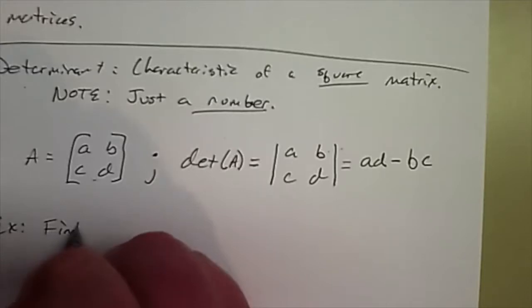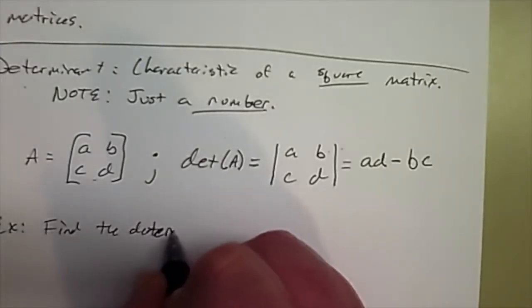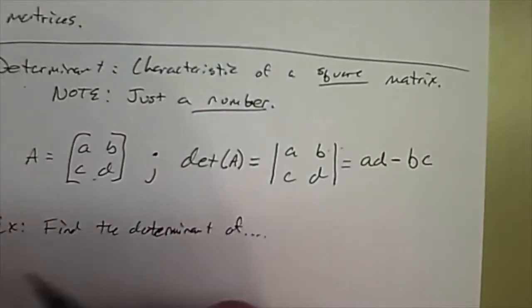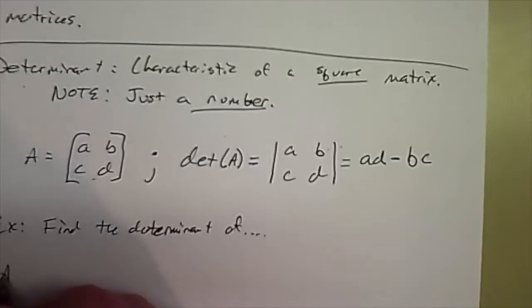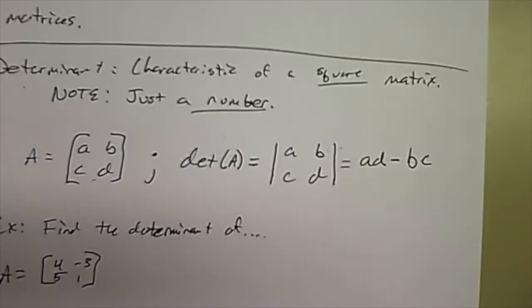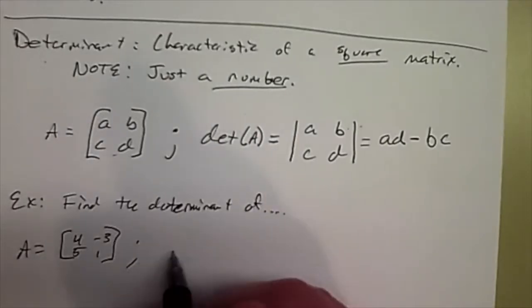The directions are going to say something like, find the determinant of A equals [4, -3; 5, 1]. All right, so we're going to find the determinant of this. I can start that off.